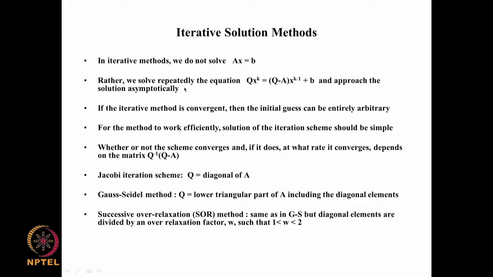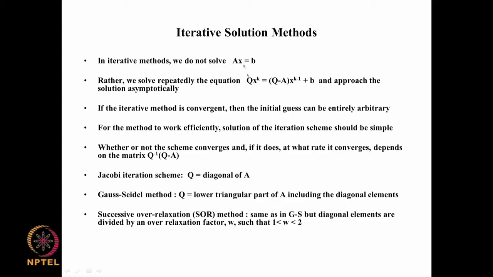For example, we solve repeatedly the equation Qx^k equal to (Q minus A) times x^(k minus 1) plus b and approach the solution asymptotically. So, that means that instead of solving this equation, we solve this equation here. What is the difference between this and this?